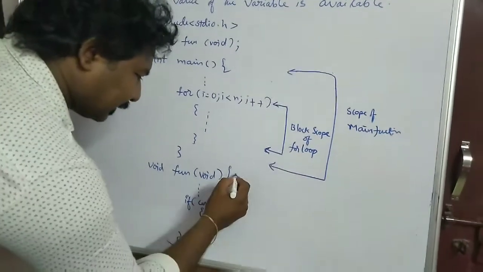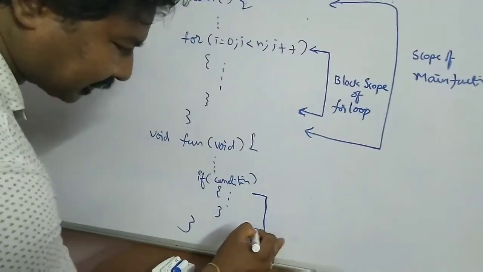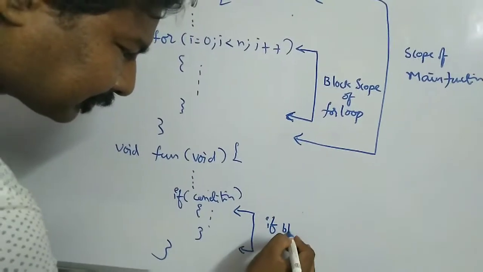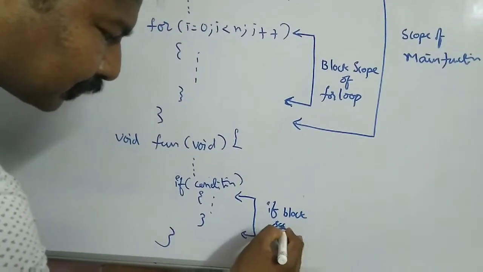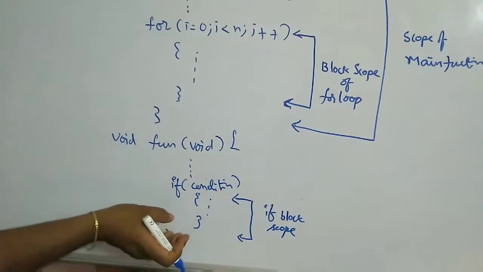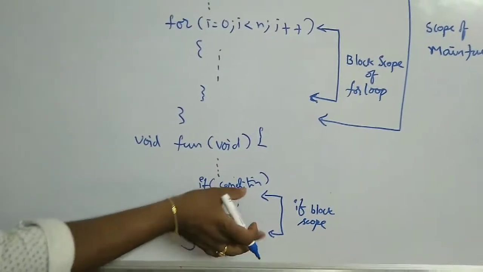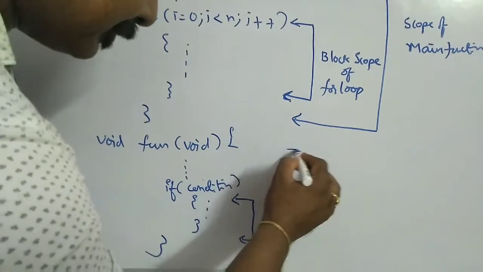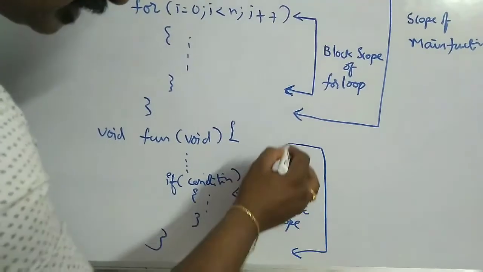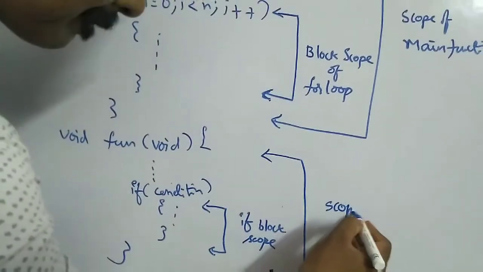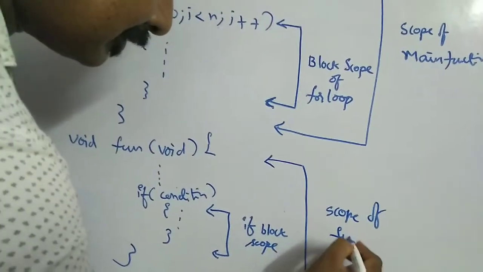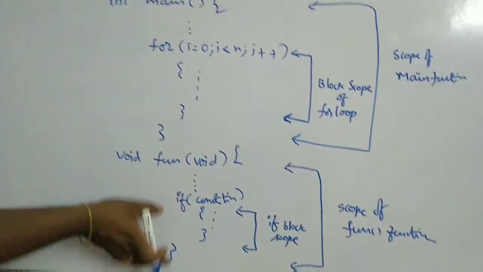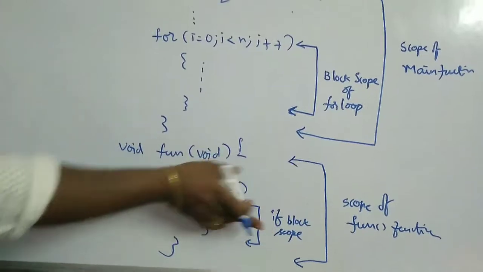The place from here to here is the if block scope, because the if block is from this place to this place. And the scope for this function fun is the scope of the fun function, from here to here.